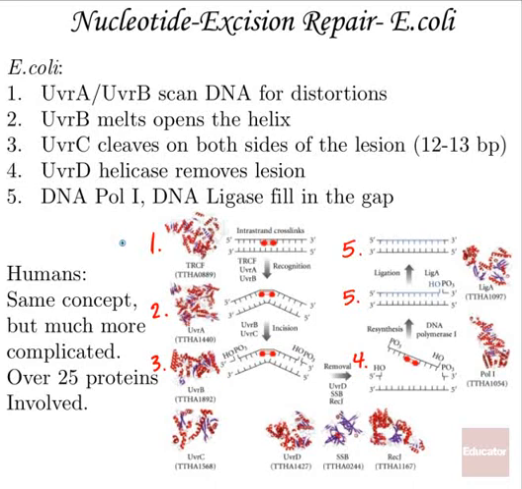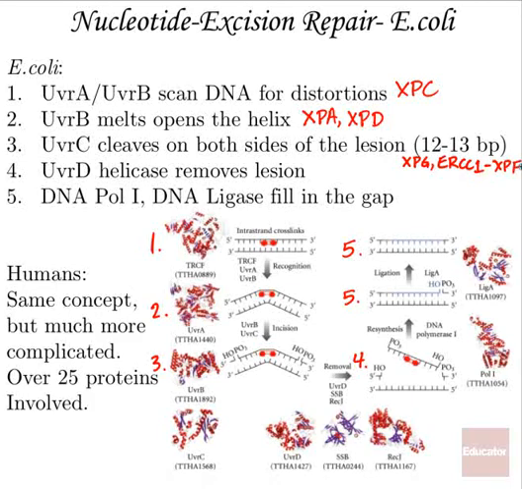Just so we know, I have it listed later, but UvrA and UvrB in humans, the protein that performs the same function is XPC. UvrB, the human analog would be XPA, XPD. UvrC is similar to XPG and ERCC1-XPF complex.